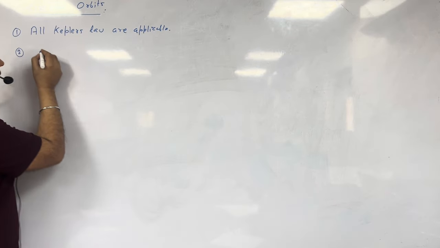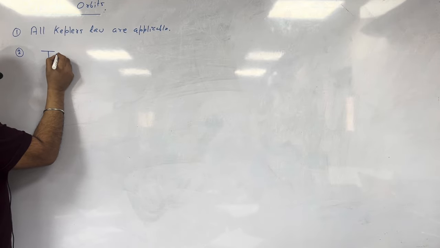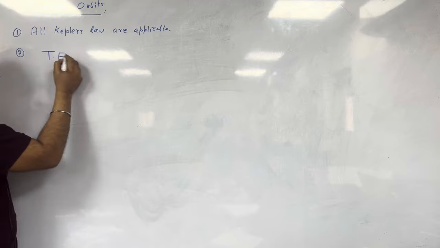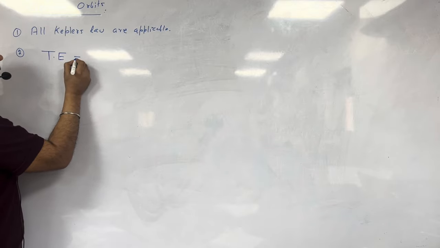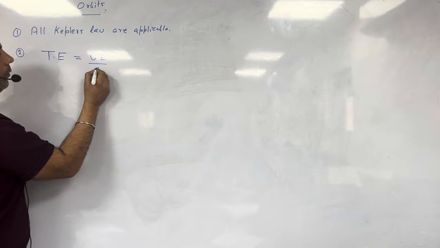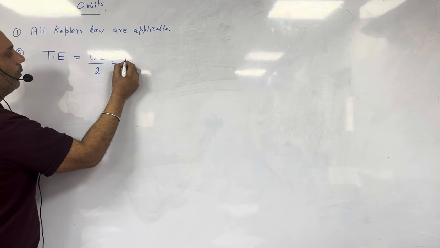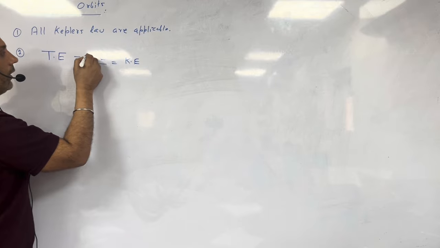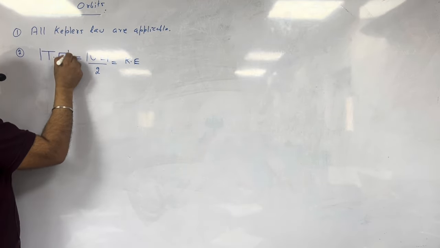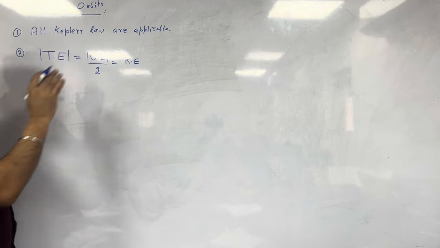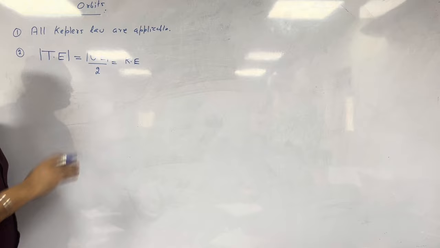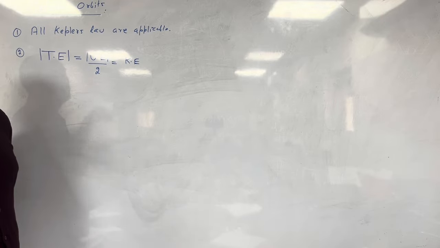The total energy of any satellite moving in a circular orbit around a planet is equal to potential energy by 2, which is equal to the negative of kinetic energy. Obviously potential energy is negative, so it is better to keep the mod sign. That is additional information.